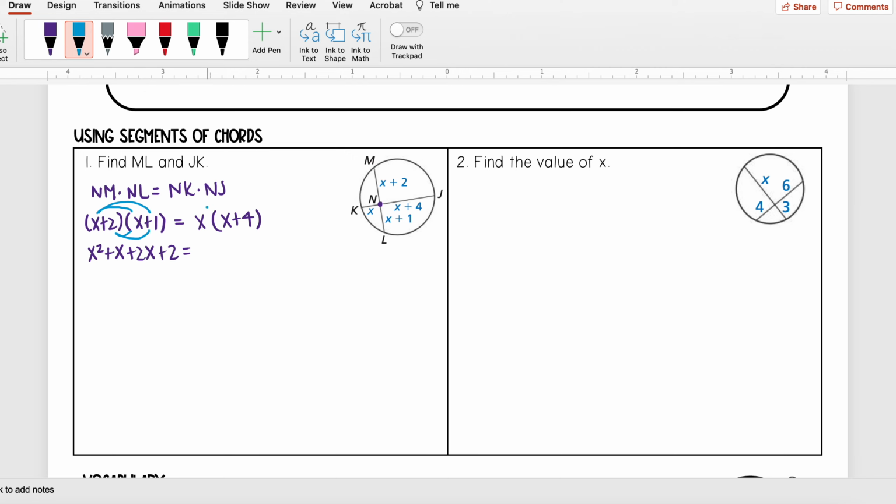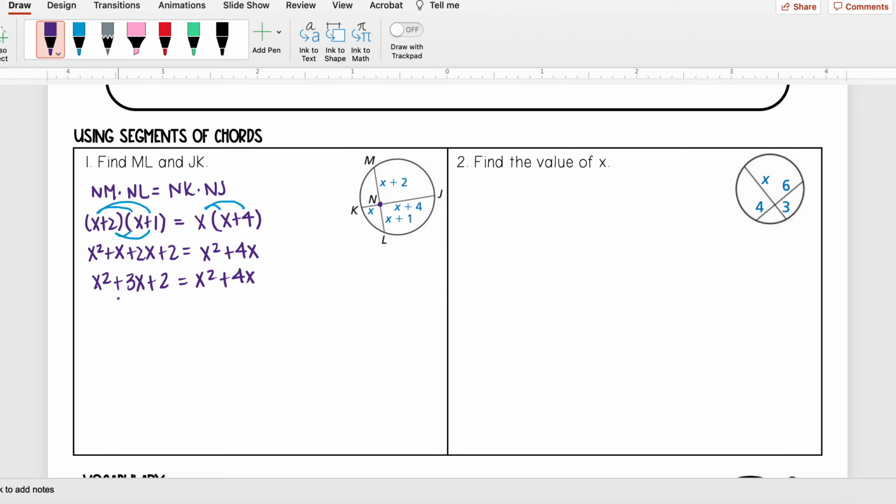And that is going to equal X times X to get X squared, and X times 4 to get 4X. And then I can go ahead and simplify the left-hand side by combining my X and 2X. I get X squared plus 3X plus 2 is equal to X squared plus 4X.